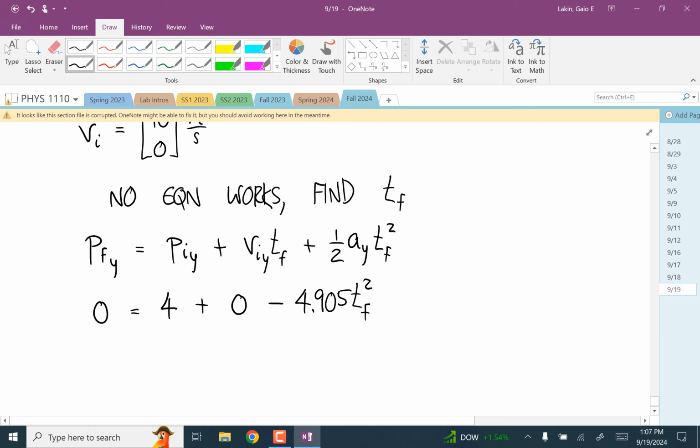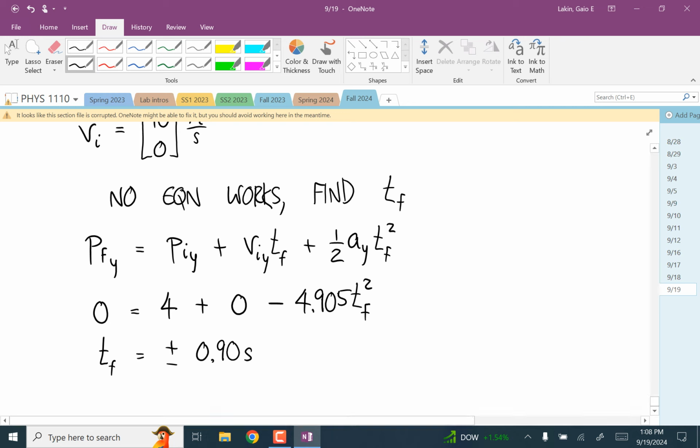Do the algebra and you get that T F is equal to plus or minus 0.90 seconds. Did you get a negative 4.9 from the half and 9.8? Yeah, that's right. Yep.